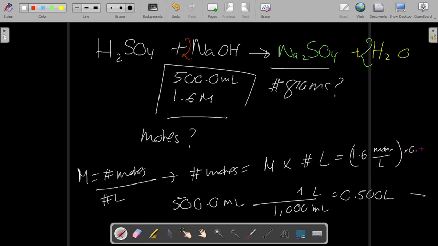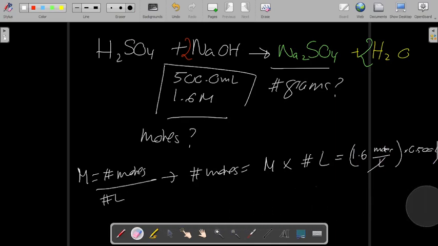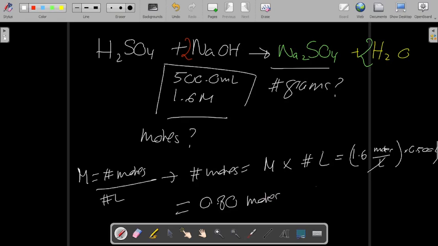So 0.500 liters, the liter will disappear, and you're going to be left with the moles. That's why the liter could disappear, because molarity is moles per liter, and you need to remember that. So when you do the math, when you put everything in your calculator, you find that you actually have 0.80 moles of that sodium hydroxide.